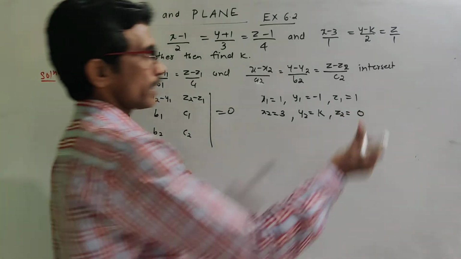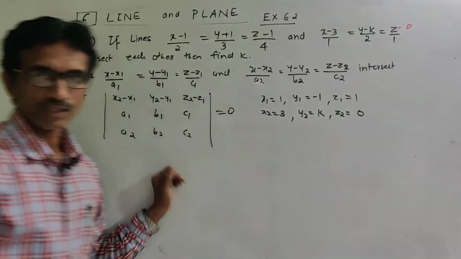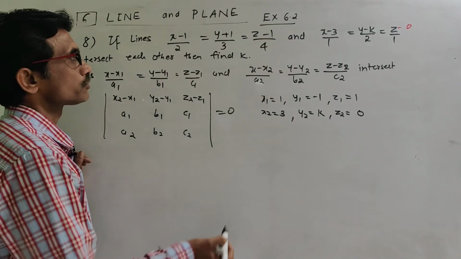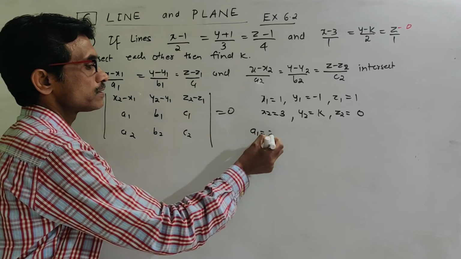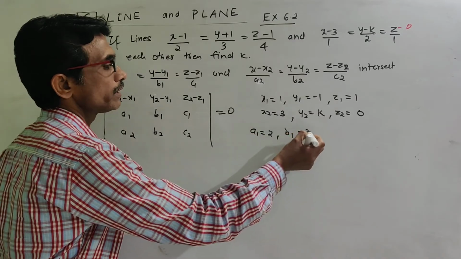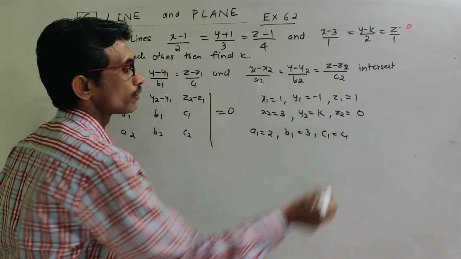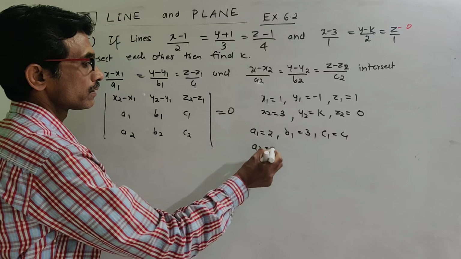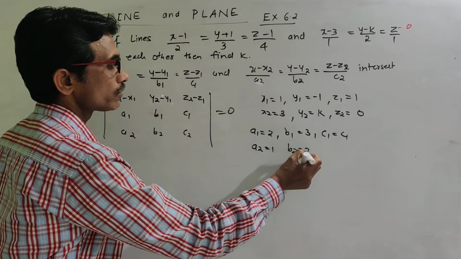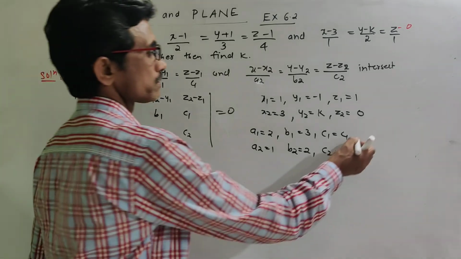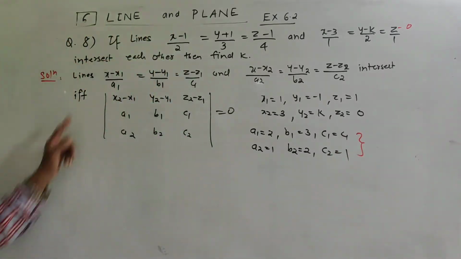Here we can write it as z minus 0, so z2 will be equal to 0. Here direction ratios a1 is equal to 2, b1 is equal to 3, c1 is equal to 4, a2 is equal to 1, b2 is equal to 2 and c2 is equal to 1. So DRs. Now we put in this.